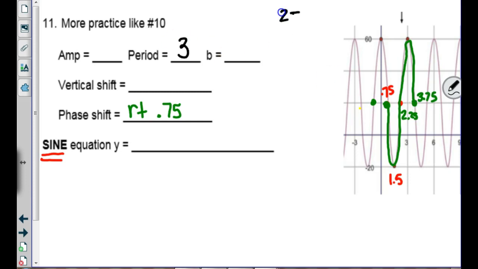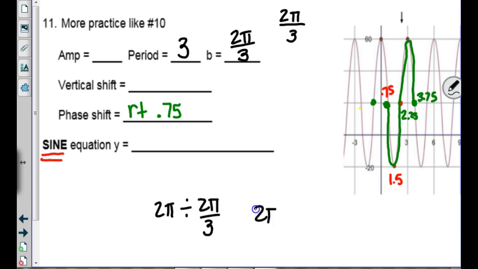So then 2 pi divided by 3 would become our b value. Does that work? If you took 2 pi divided by 2 pi over 3, would you get a period of 3? You'd end up with 3, right?